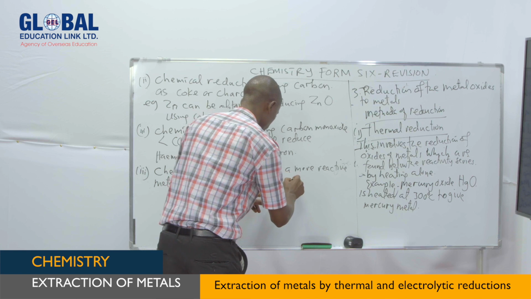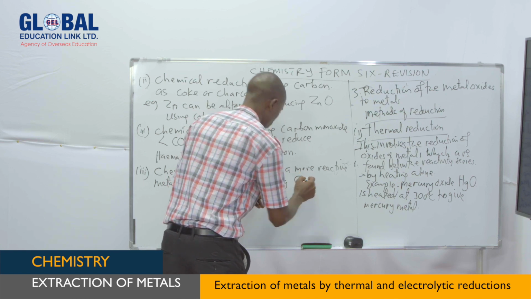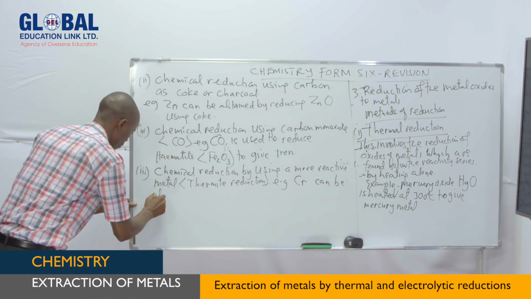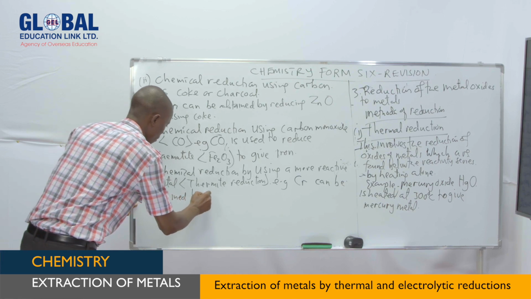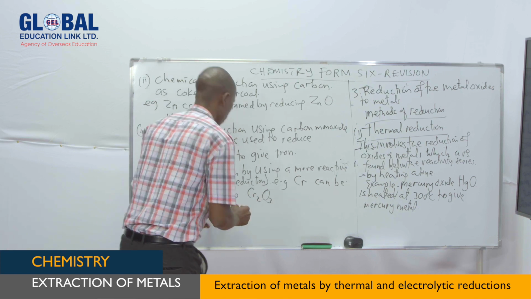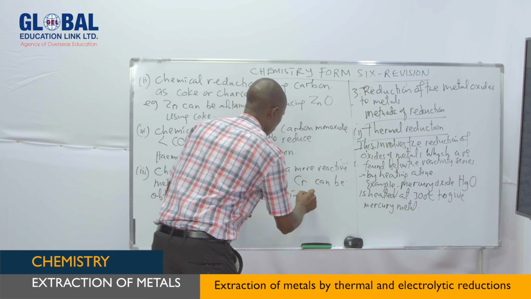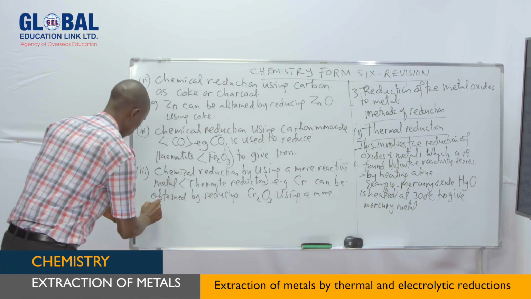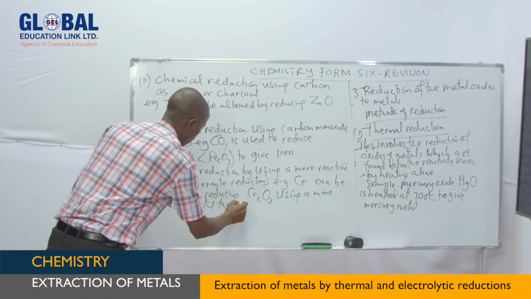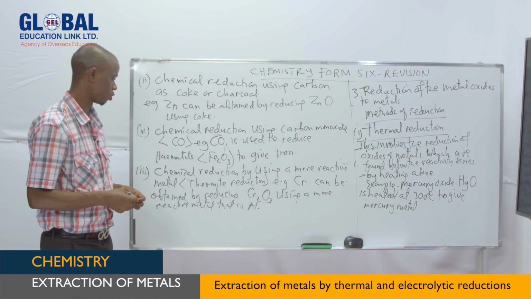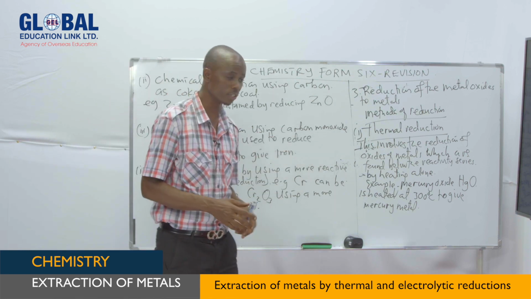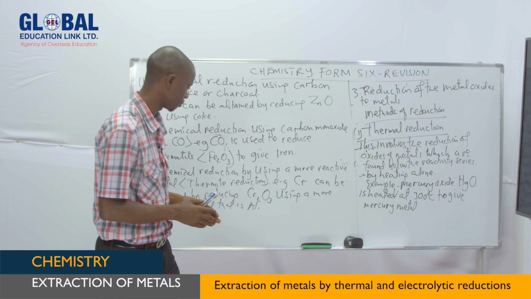For example, reducing chromium oxide using a more reactive metal, that is aluminum. So this is thermite reduction. It can be used as a method of reducing metal oxides into metals.